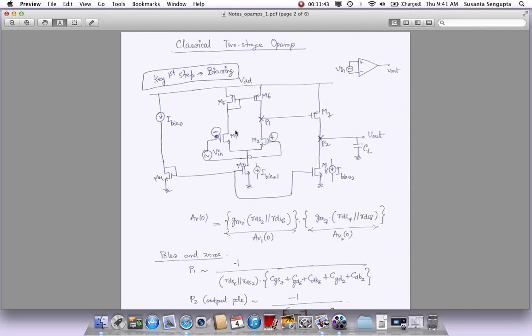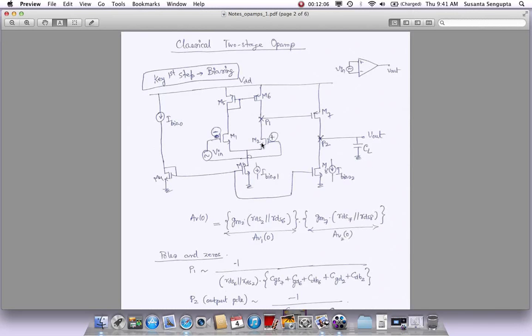This guy has to have enough VDS across it so that it remains in saturation. This guy has to have enough VDS across it. This current source has to have enough VDS across it. So you have to bias them first. For particular DC bias currents that you have already chosen, you say, I want to burn so many milliamps here and I want to burn so many milliamps here, milliamps or microamps, whatever you want to burn.